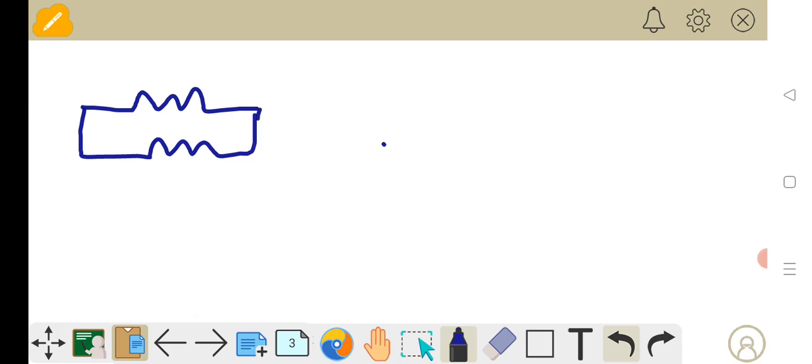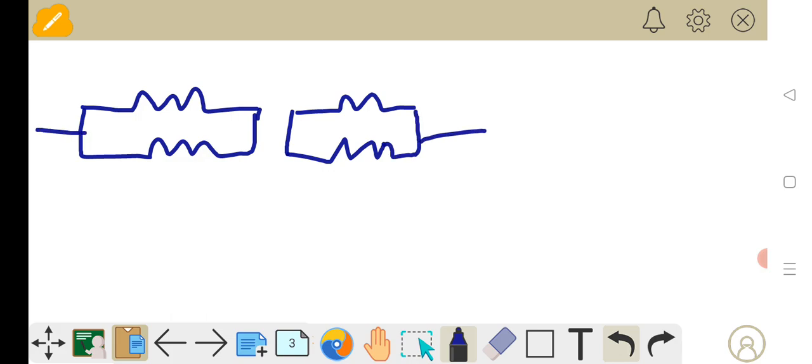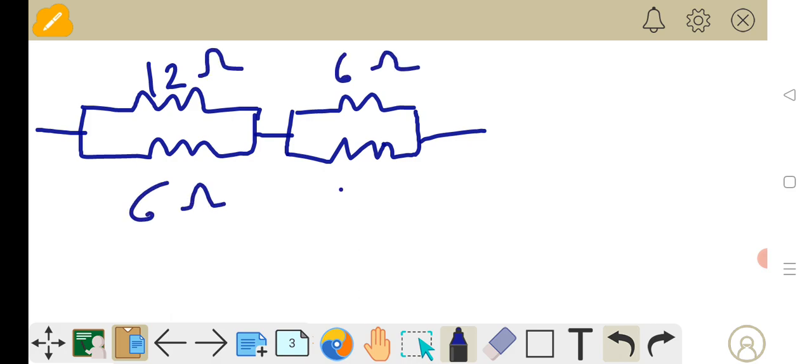You know the resistances, I am just separating these two parts of the resistances which are in parallel because they are actually joined. So I am just joining with a wire. Now this is 12 ohm, this is 6 ohm, this is 6 ohm, and this is 12 ohm between A and B. Now you have an easy picture.